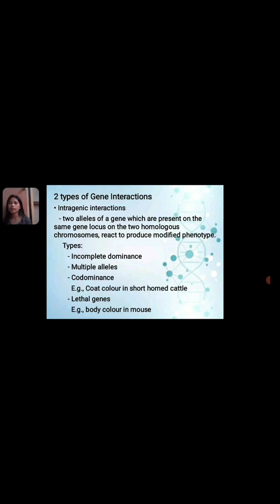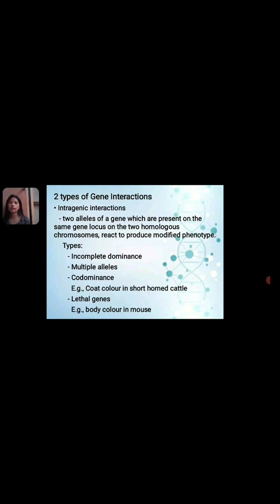This is also called interallelic interaction. This type of interaction involves two alleles of a gene present on the same locus of the two homologous chromosomes. The types of intragenic interaction are incomplete dominance, multiple alleles, codominance, and lethal genes.